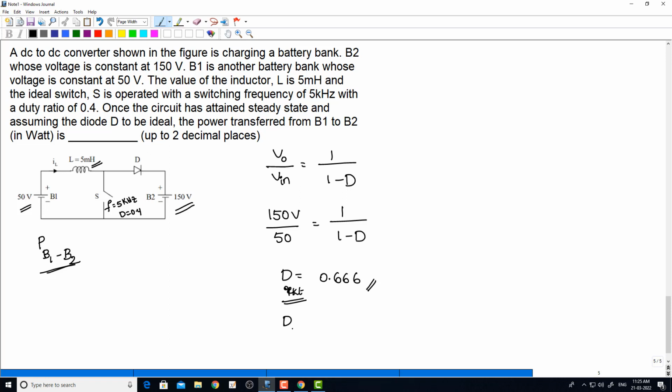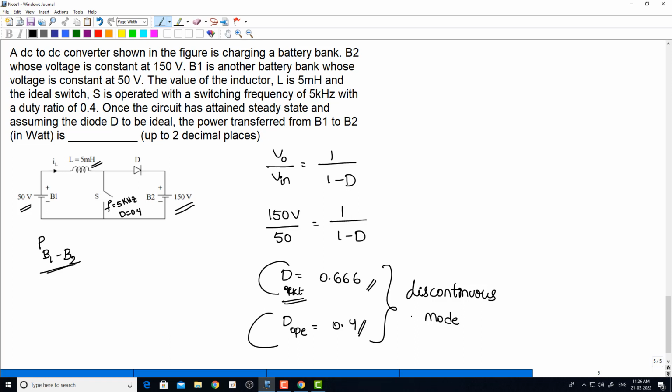But the given, operated duty ratio is 0.4. So, this is a boost converter working in discontinuous mode, since the operated duty ratio is less than the circuit duty ratio.